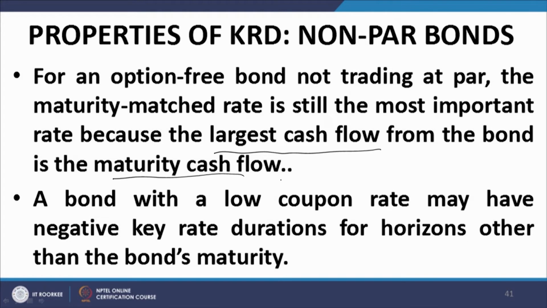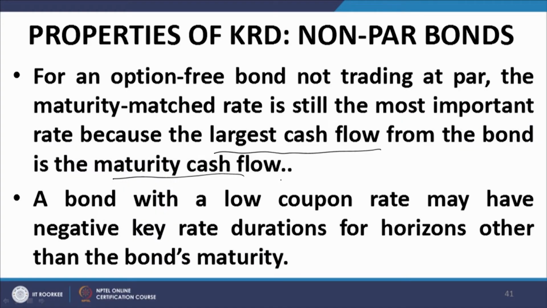Let me repeat, we assume a conventional bond structure, what is called a level coupon bond or a plain vanilla bond. In that case, you get the redemption at maturity together with the last coupon. So, it is quite natural that the largest cash flow is going to take place at maturity, and therefore, the maturity matched rate would be the most important key rate insofar as these types of bonds are concerned.